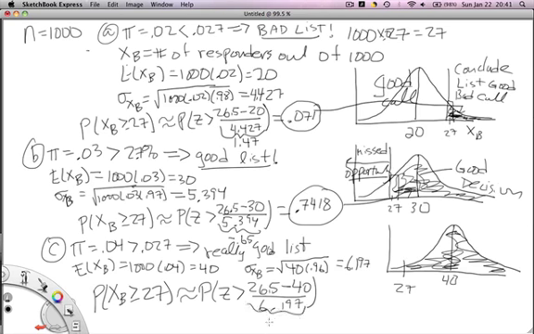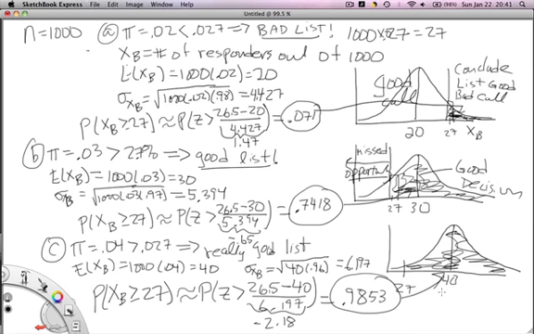The z value is minus 2.18 if you do that math. We go look that up, and the final probability is about 98%, 0.9853, I believe. So in this case, there's about a 98.5% chance that we come to the right decision.